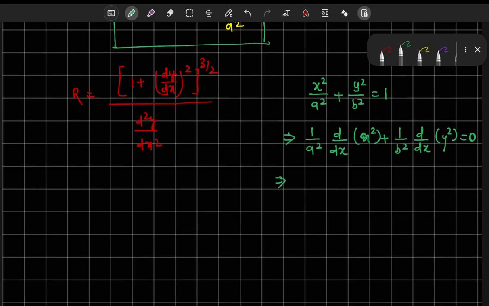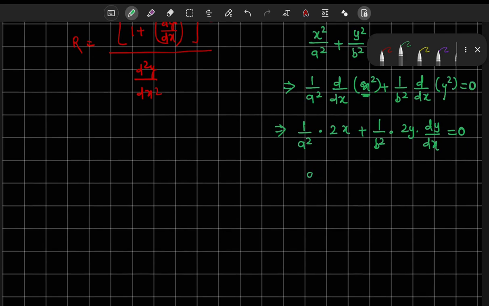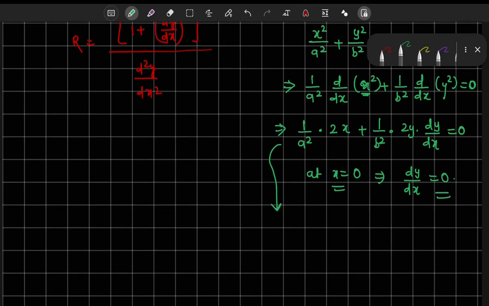So from here we can get 1 by a square into differentiation of x square is 2x plus 1 upon b square into 2y into dy by dx is equal to 0. At x is equal to 0, we can write dy by dx is equal to 0. Okay, let us differentiate this particular expression again.